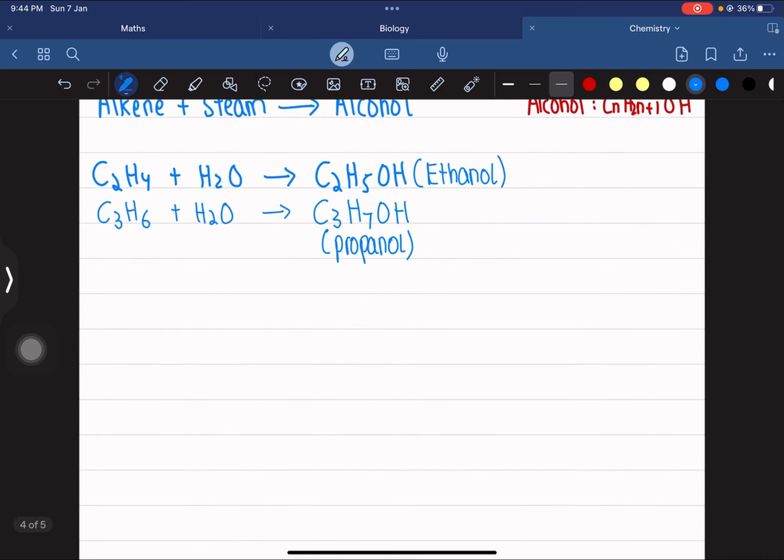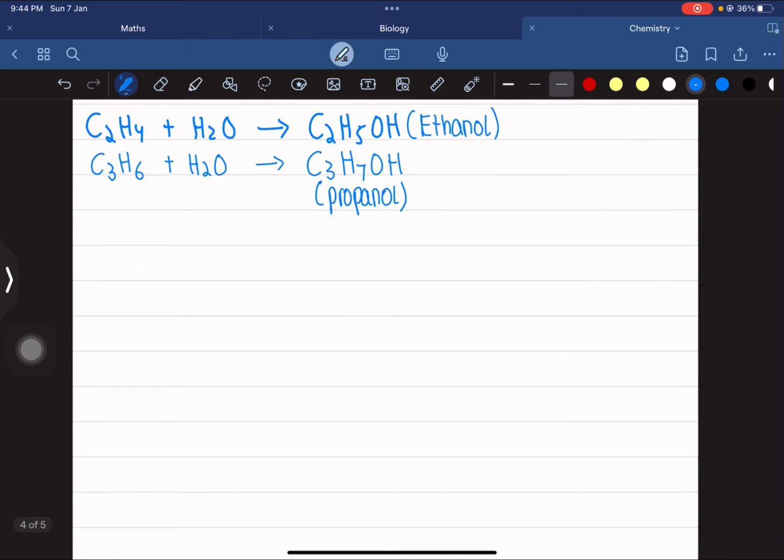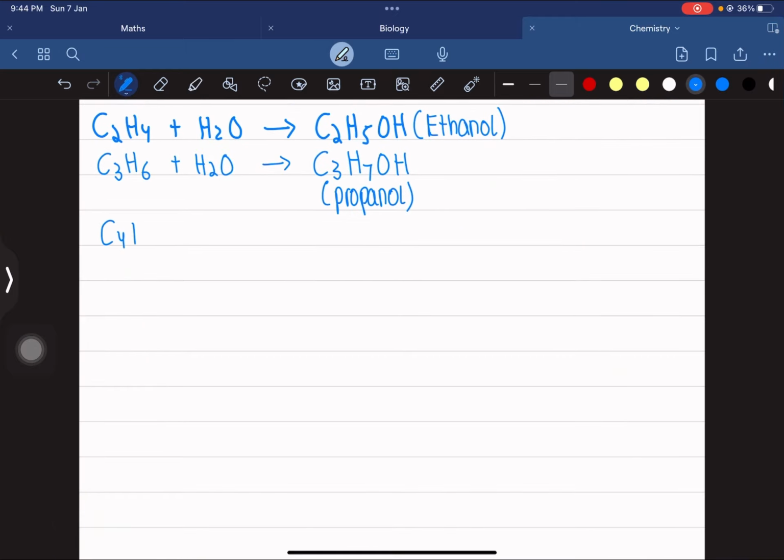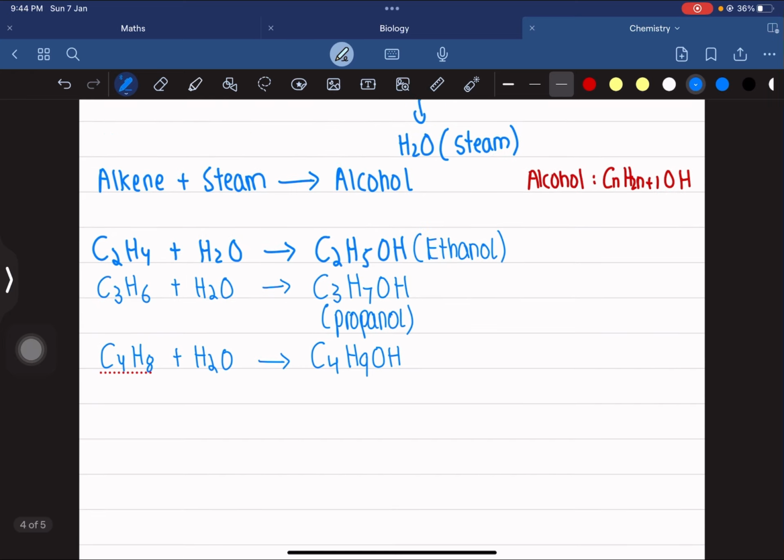Now let's try a couple more examples. For example, I have C4H8, and it reacts with steam. Guess what it is going to give me. If you have guessed it, it is going to be butanol, which is C4H9OH. Twice 4 is 8, 8 plus 1 is 9, and OH.